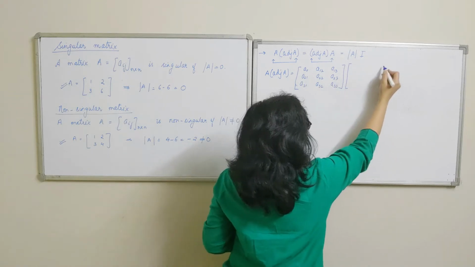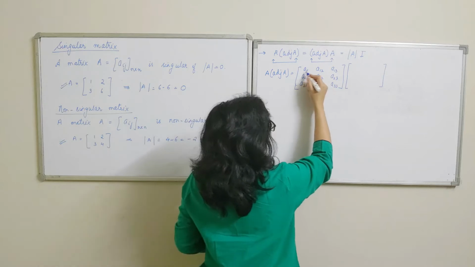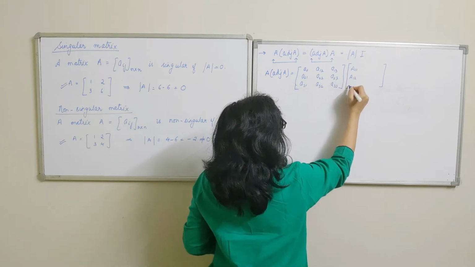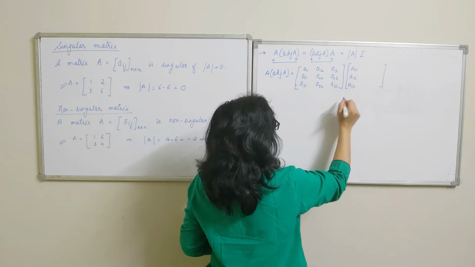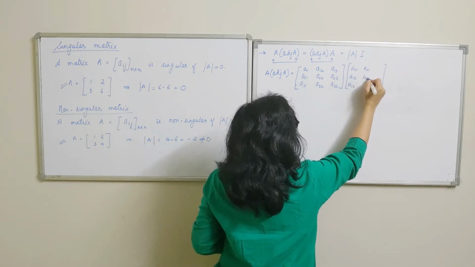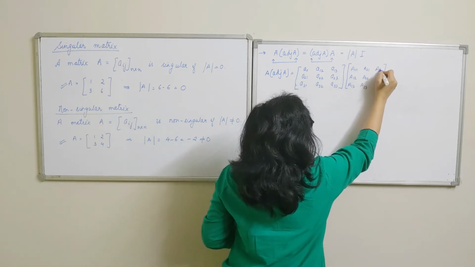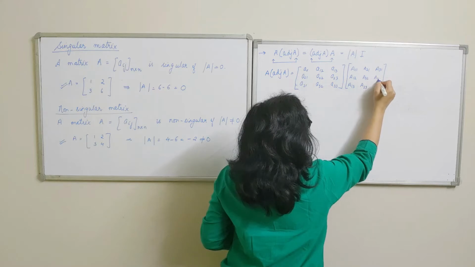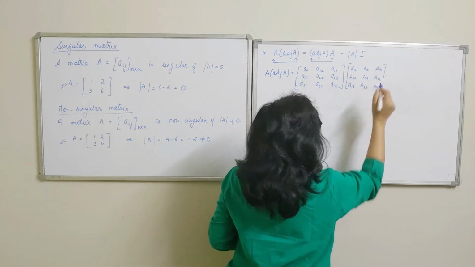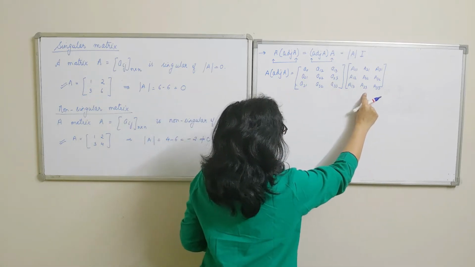Now you know when you find out the adjoint, you basically write down the transpose of the cofactors. So the first row cofactors are now the first column elements like this. The second row cofactors is the second column, and likewise the third row cofactors is the third column. So we have written matrix A and the adjoint of the matrix.